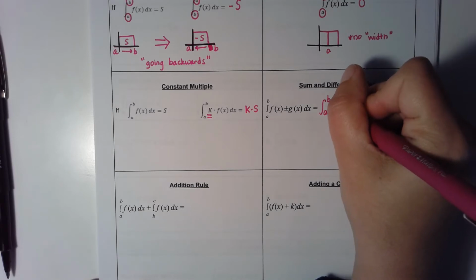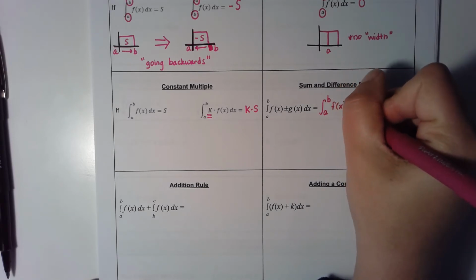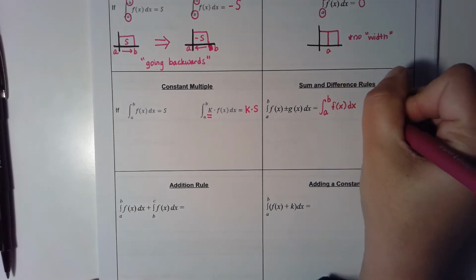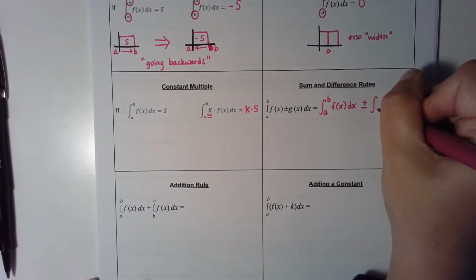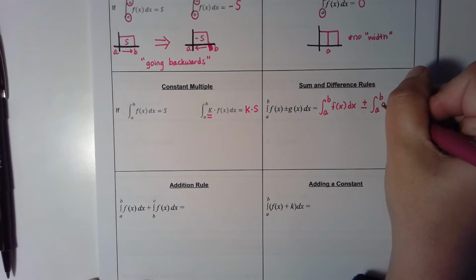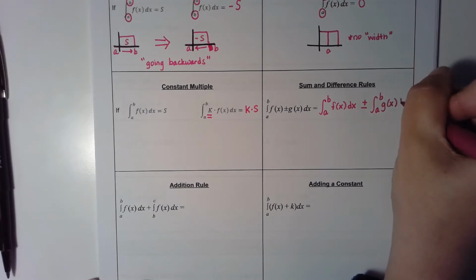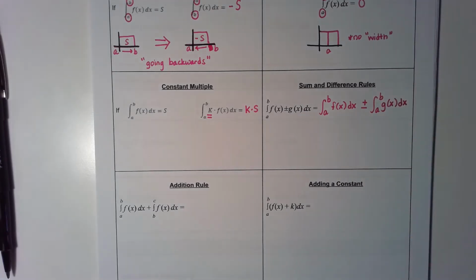So the integral from a to b of f of x dx, and then either add or subtract, depending on what it says in the original problem, the integral from a to b of g of x dx. So you can just add different functions and then add their areas to get the answer.